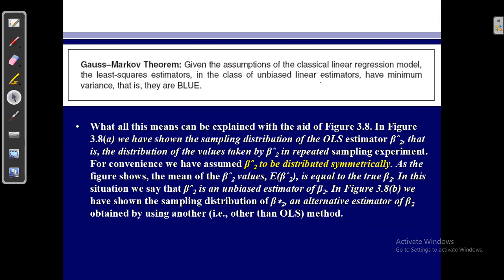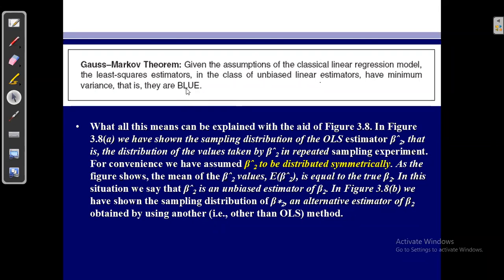These three properties are linearity. We say that these would be linear estimators. Unbiasedness, that we say that these estimators would be unbiased. And minimum variance, which is called the best. So under these assumptions, the OLS estimators are considered to be best linear unbiased estimators.